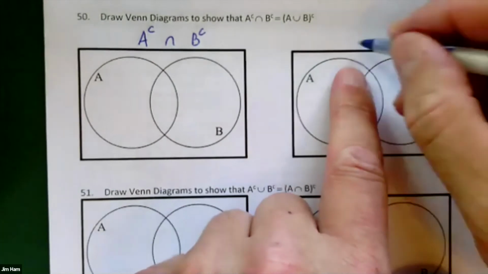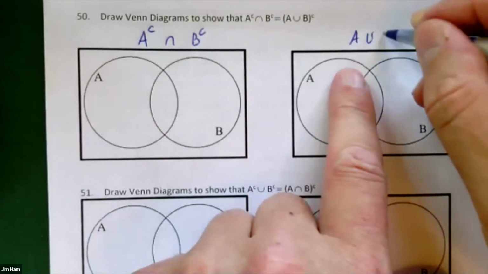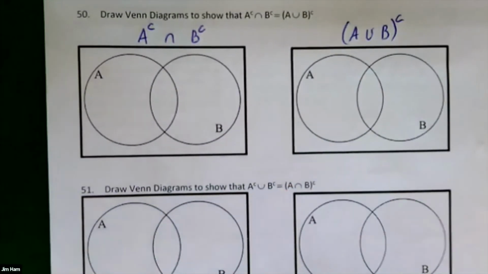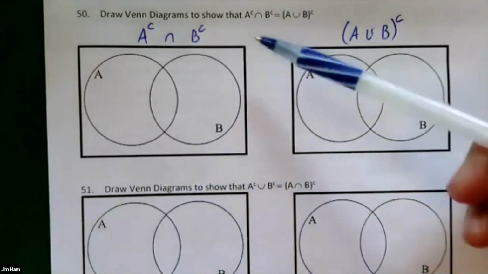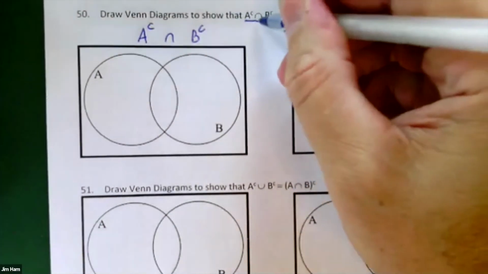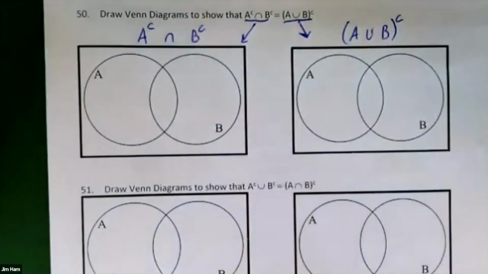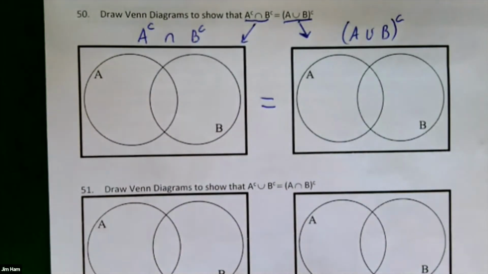And over here, we're going to shade A union B complement. What this problem involves is, you shade the one set, and then you shade the other set, and when you're done, you want to confirm that the two shadings are equal. And that's how you show that one set is equal to another that involve complex results.